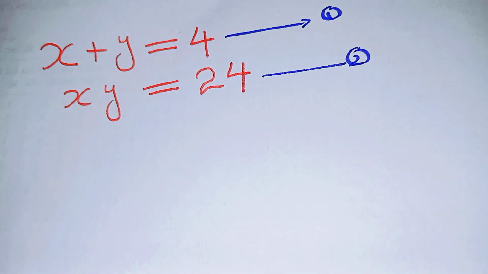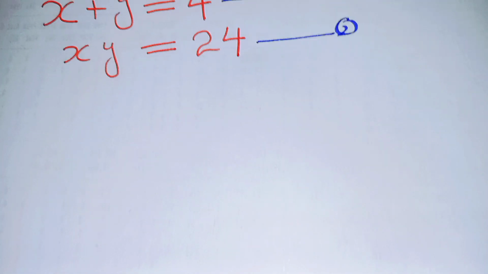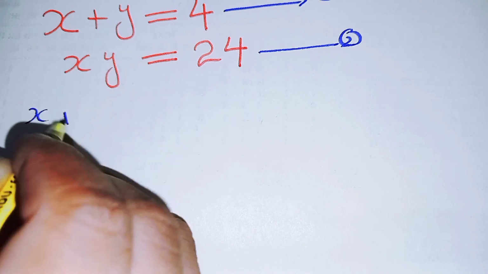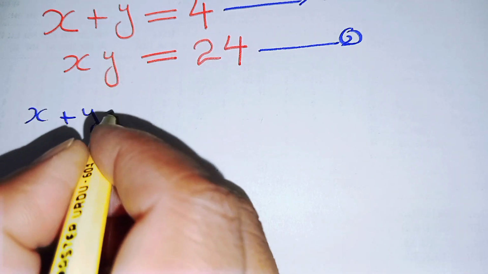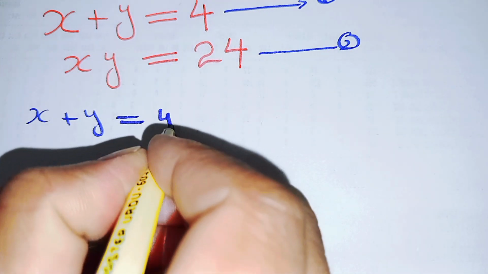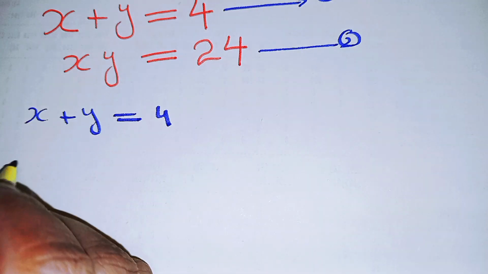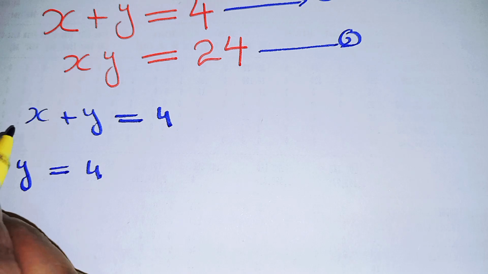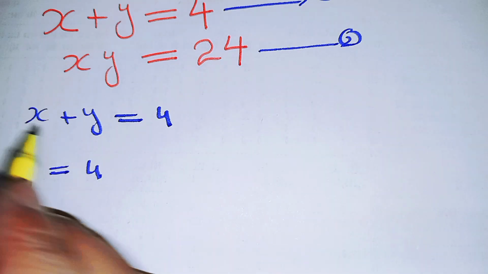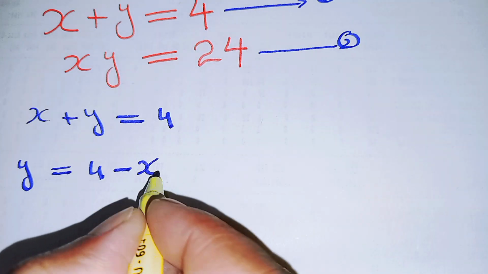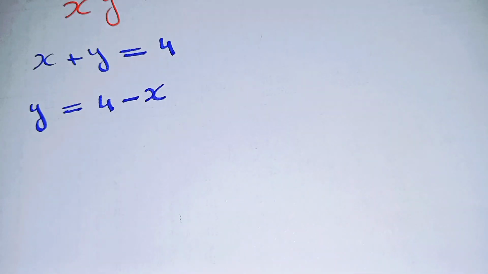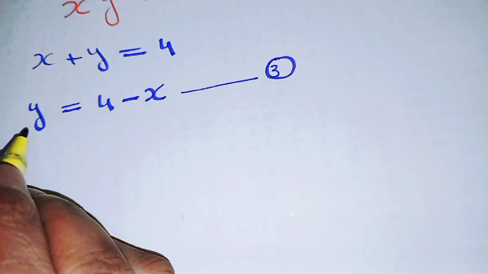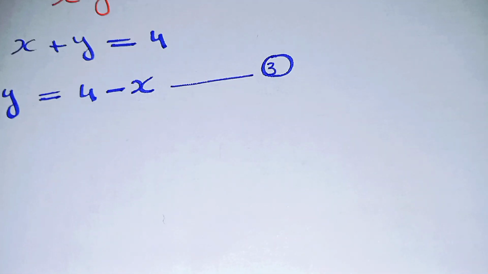The first equation is x plus y is equal to 4, so moving x to the other side gives minus x, and this makes the third equation: y is equal to 4 minus x.